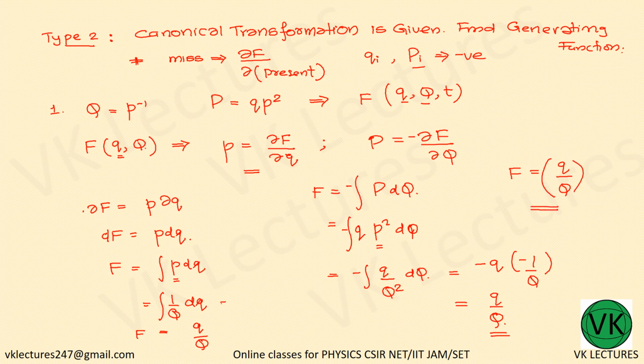So this is just for checking. We just need to check only one of the generating functions, either go with this one or go with that one, both will give you the same answer.